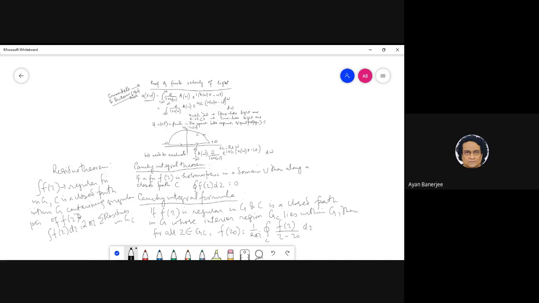Okay, and how do you calculate the residues?